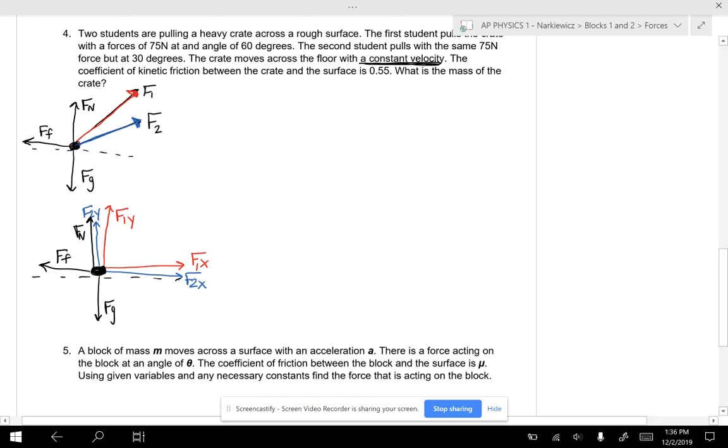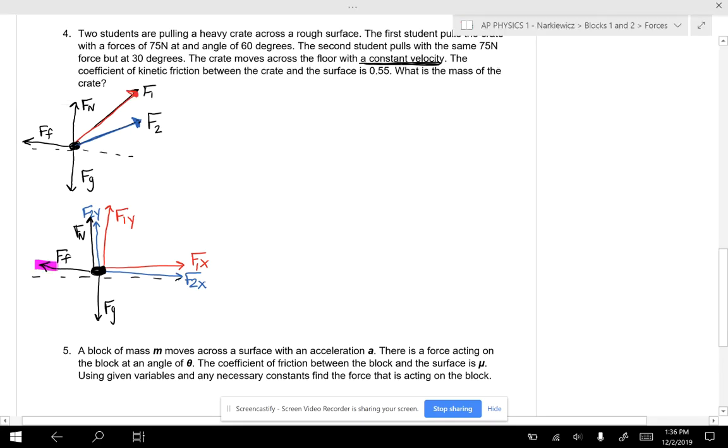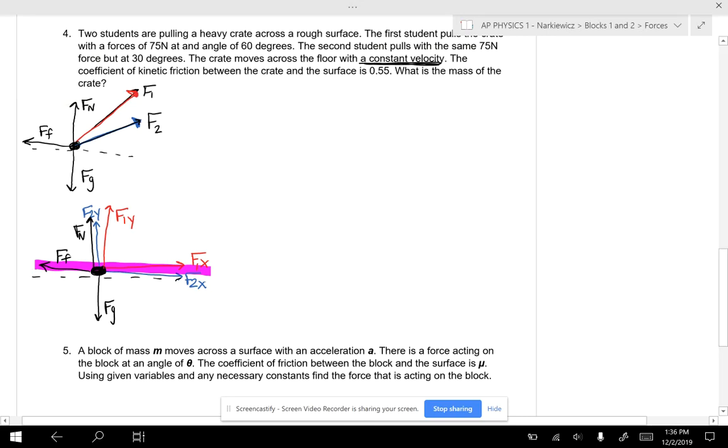Again, we have our free body diagram, then we can go to our net force equations. If it helps, highlight the two different directions of forces, because that'll help you figure out your free body diagrams pretty easily. Anything that's in that magenta highlighter is in the x direction. And in this problem, we're moving with a constant velocity, so this really equals 0.